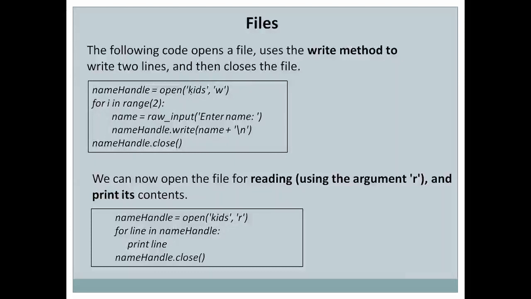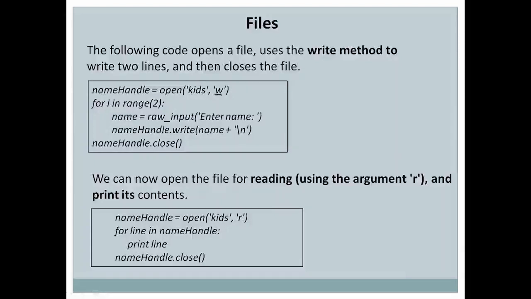If the file doesn't exist, it will create one and open it, and the file is opened in write mode. Now once you have the file handle, or this variable pointing to a file with the name kids, then you can write information to the file. Now how can you write the information?